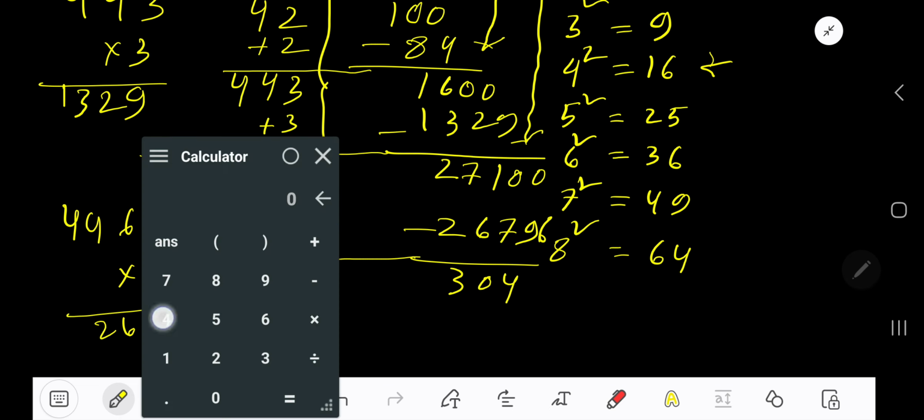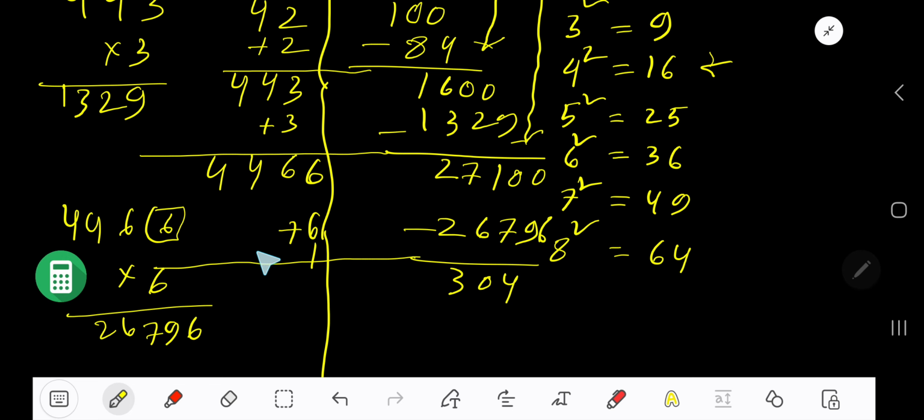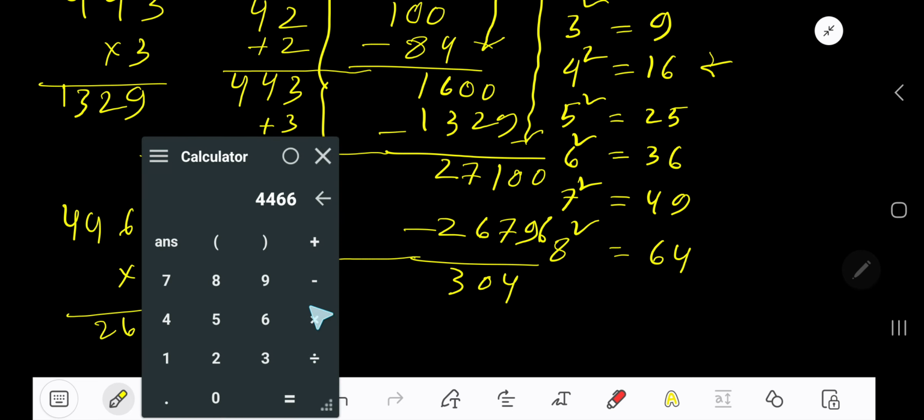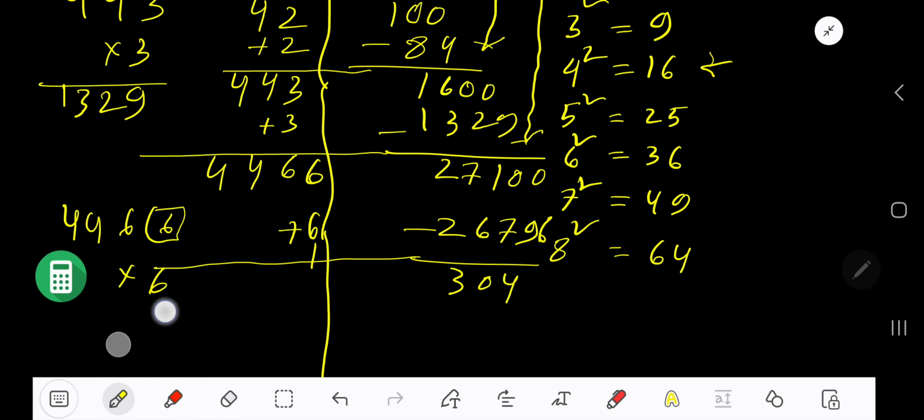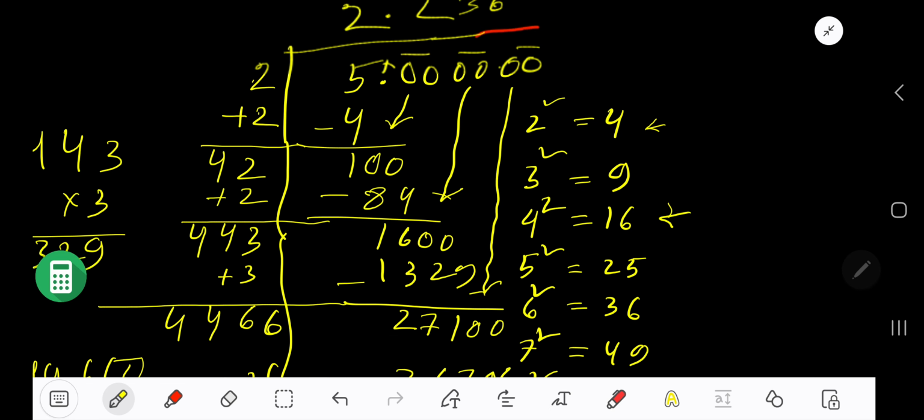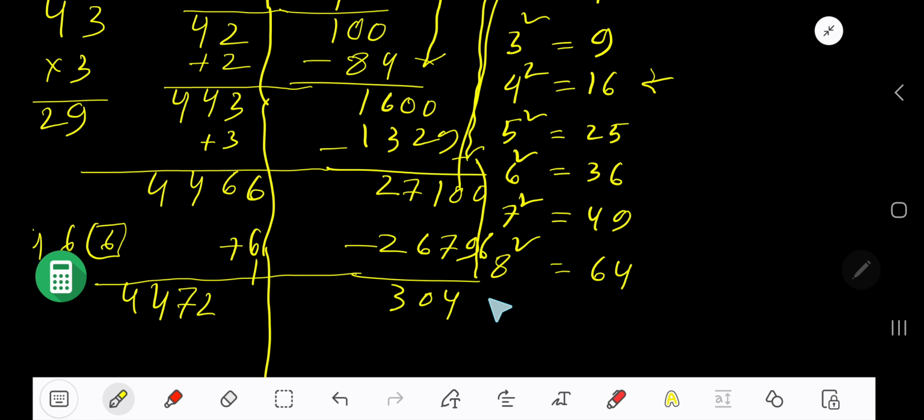4466 plus 6 gives you 4472. Okay, now you can take one more 0 and bring it down.